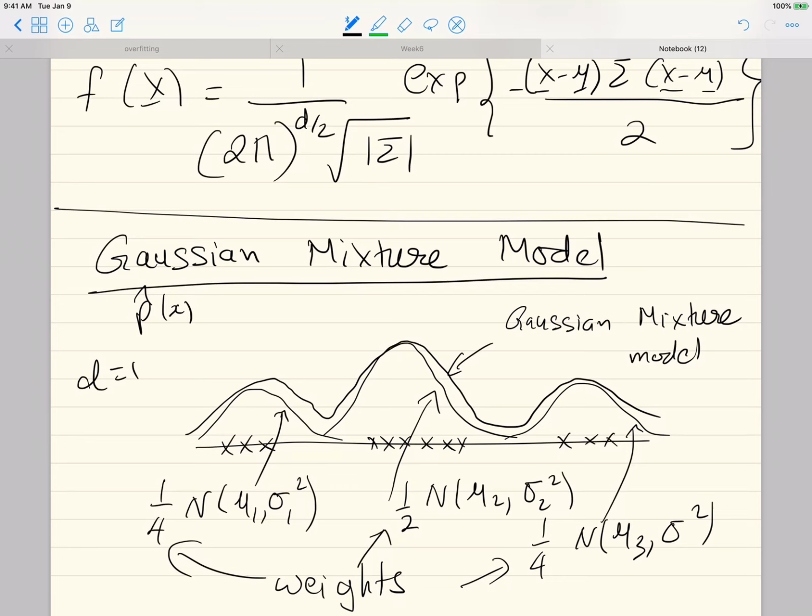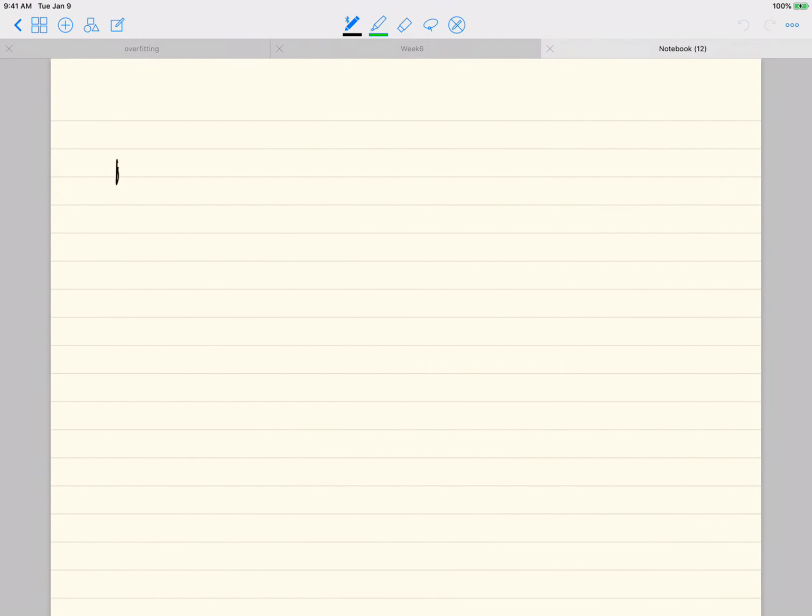Another Gaussian here and a third Gaussian here. And then when I compute the actual density, I take a weighted sum of those three.